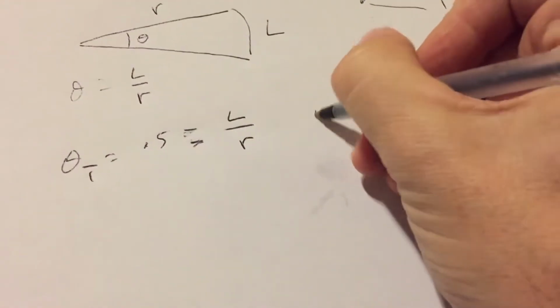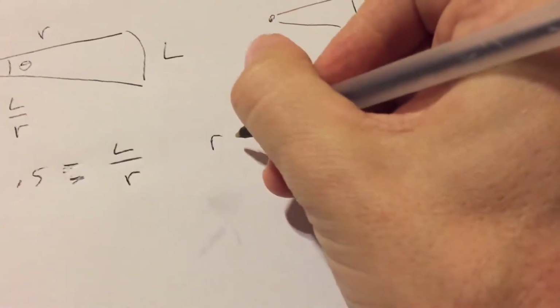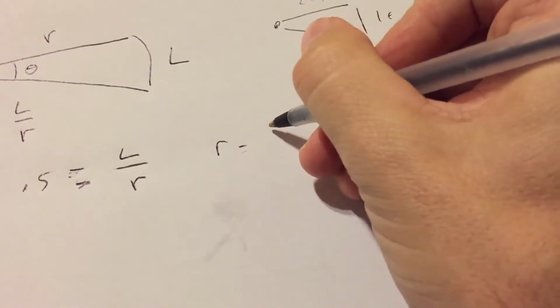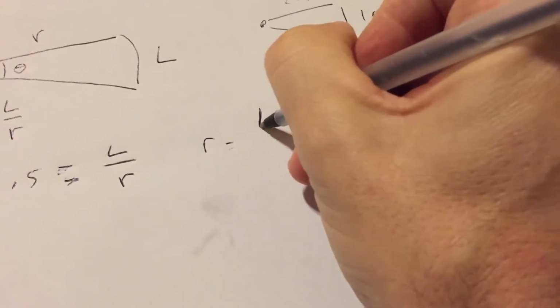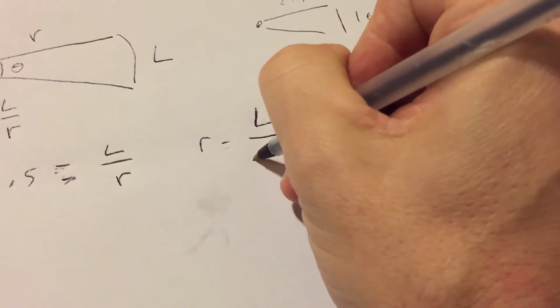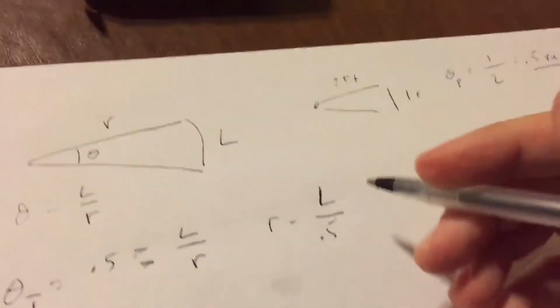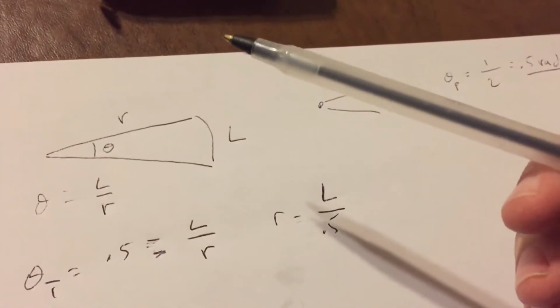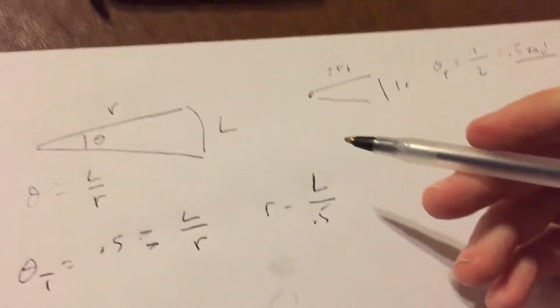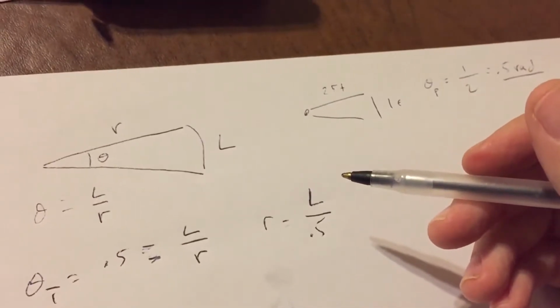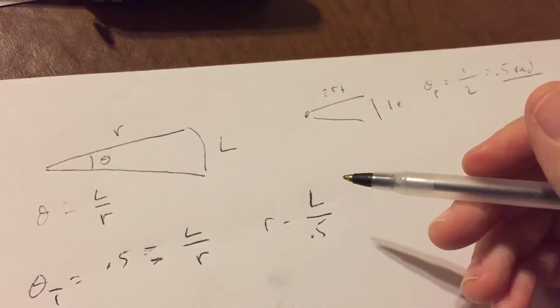So I can find the distance, r, to the tower is going to be equal to the actual length of the tower, or the antenna, over 0.5. Okay, so this I can get. If you go to the Wikipedia page for the Bank of America in Atlanta, it gives a roof height and an architectural height.